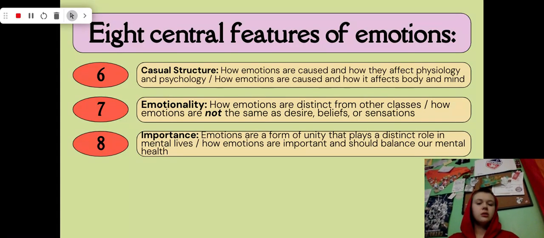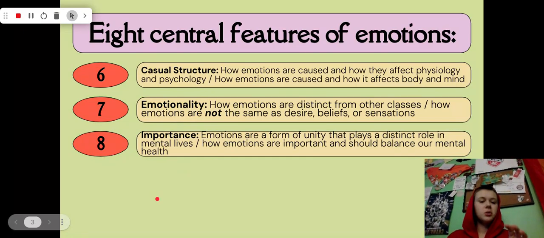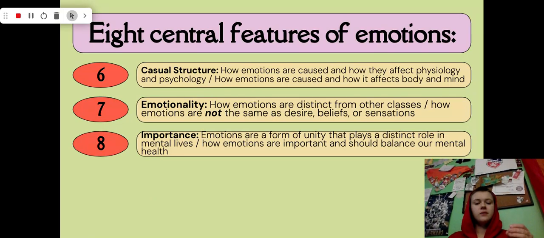So like your thoughts, your beliefs, your desires, your bodily sensations, how you feel physically versus how you feel emotionally. And then there's number 8, importance. It's basically saying that emotions are a key role in our mental health, in our day-to-day lives, and they should be balanced and they should be considered important.